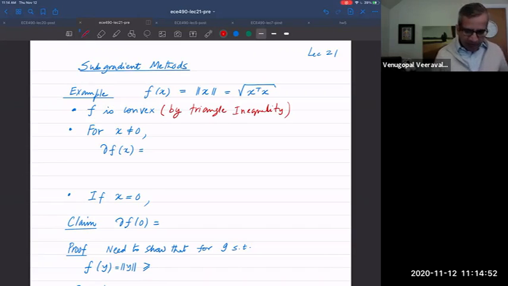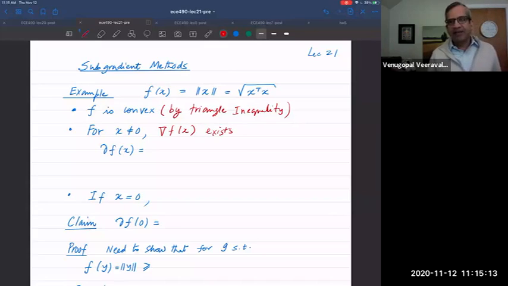Okay, so this is a convex function, so we can define subgradients even at points where the gradient doesn't exist. But if you look at x not equal to 0, the gradient exists, for all x not equal to 0. Some of the components may be 0, but as long as the entire vector is non-zero, the gradient exists. And what is it equal to? You just take the derivative, right?